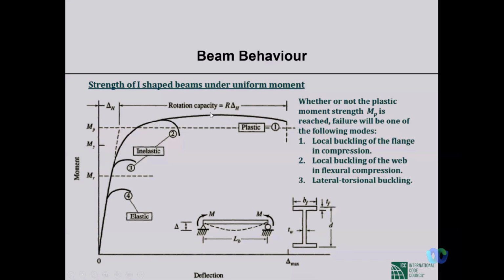In some cases, we'll have inelastic buckling. In that case, the ductility will be less, that is, deformation capacity or rotation capacity will be less, but we may have reasonably high capacity in terms of moment or strength. And when we have elastic buckling, then the capacity will be very low and the ductility will also be low. These are the scenarios we have.